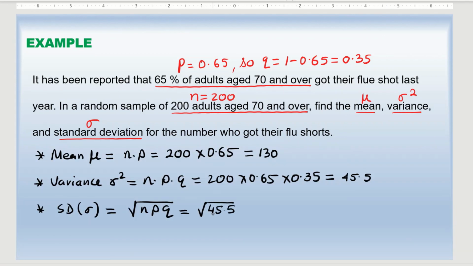If we take the square root of 45.5, it is 6.7454. That is the standard deviation. So in this example, we learn how to use the formula for mean, variance, and standard deviation of binomial distribution. This is the third and the last example for this video. Thank you so much for watching.